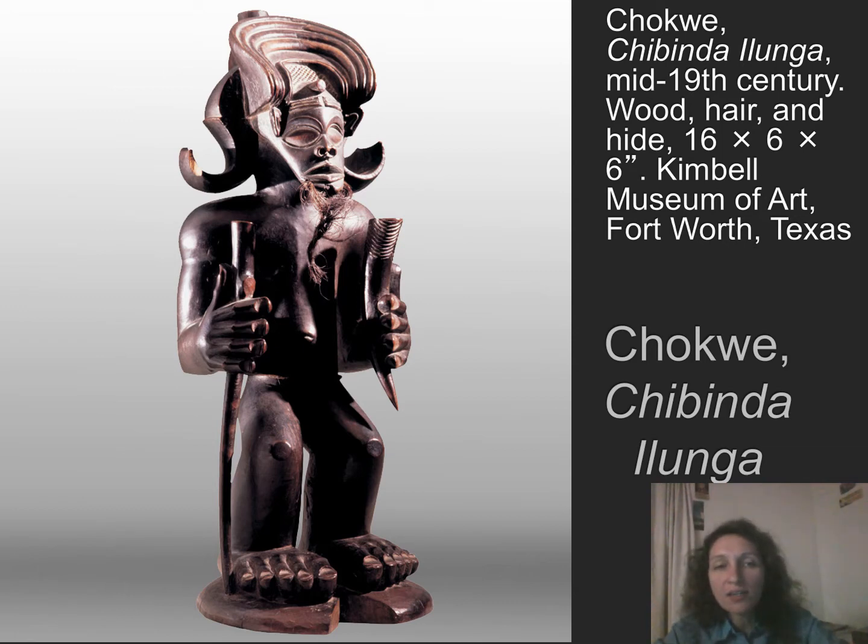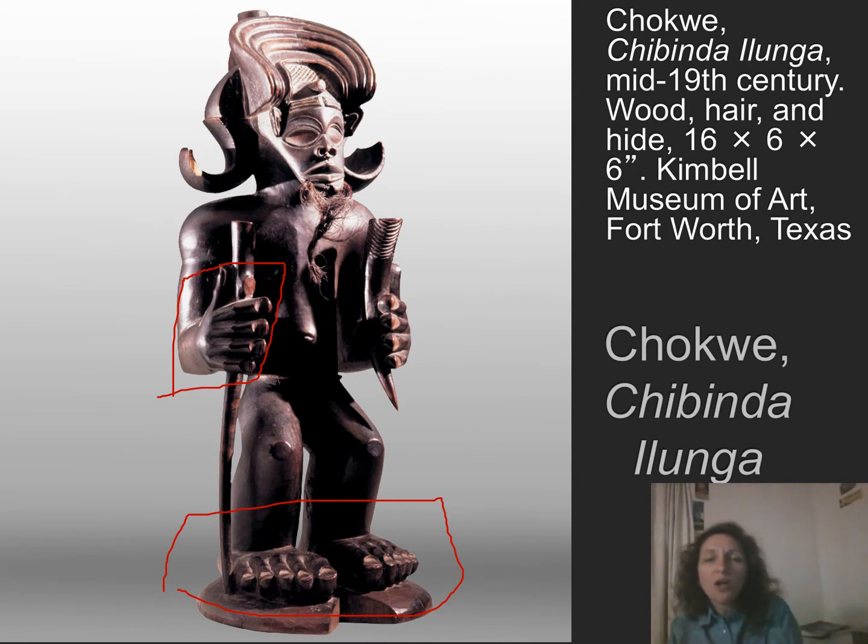What we see here is a large exaggeration of the hands and the feet. Look how big his legs and feet are in comparison to his head, right? And his torso. So this kind of makes sense when you take these two pieces together, the figure of Onai and this image, which is a depiction of a warrior leader, right?